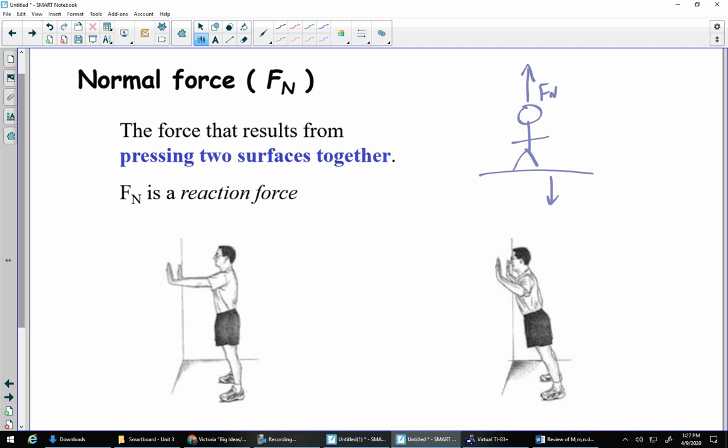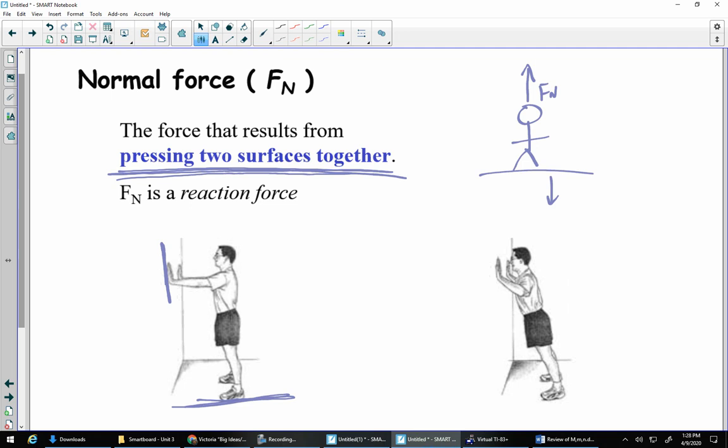Now, if we want to get a little bit more specific, normal force doesn't have to be on the floor or on the chair. It's any two surfaces pushing together, and it's resisting one surface passing straight through another. So we see this guy's probably got two normal forces, one on the floor where his sneakers are that are holding him up, and one on the wall that's preventing him from just falling face forward through the wall.